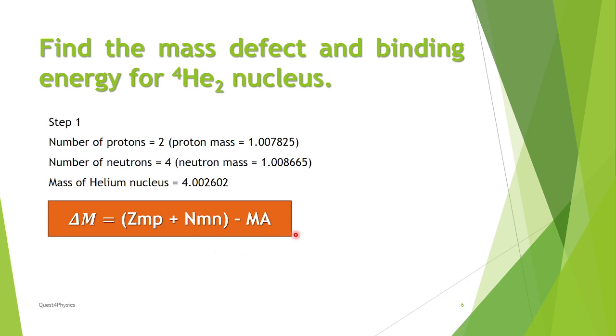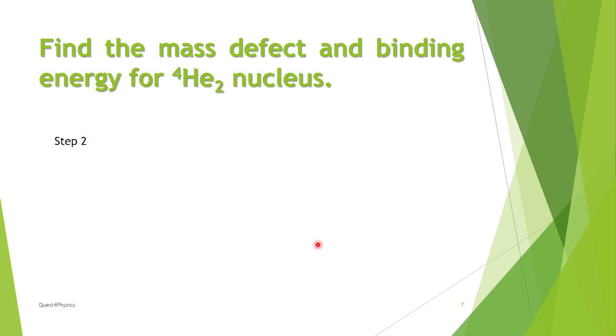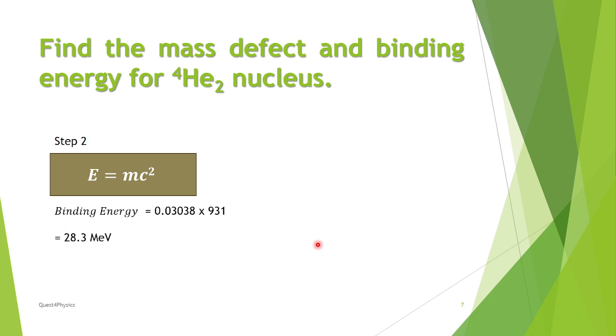We already studied this equation in the previous slides. We will substitute the values and we will get the mass defect. It's a quite simple problem. In the next step, we know E equals mc squared, and the binding energy we have just calculated is multiplied by 931.5 to convert into megaelectronvolts. This is the final answer.